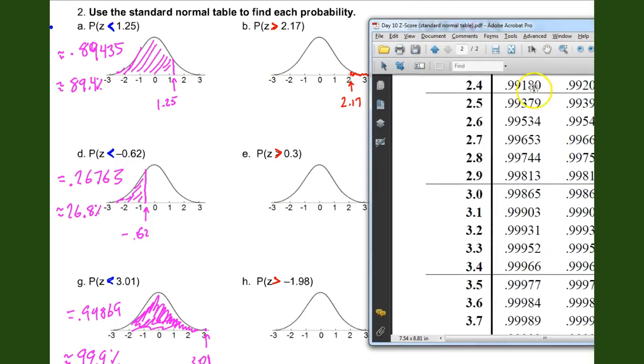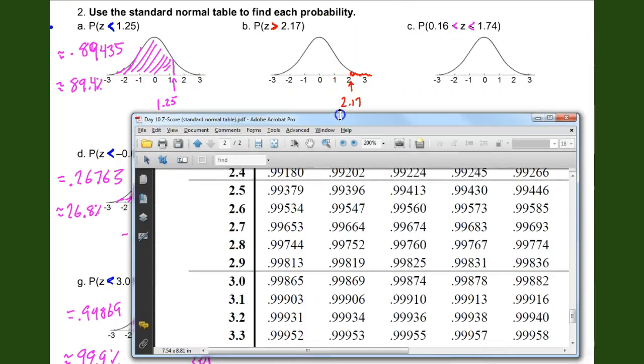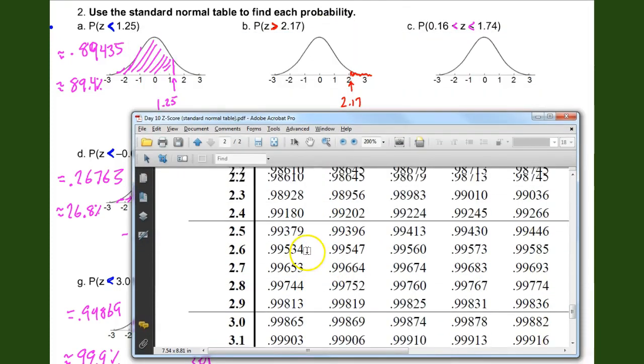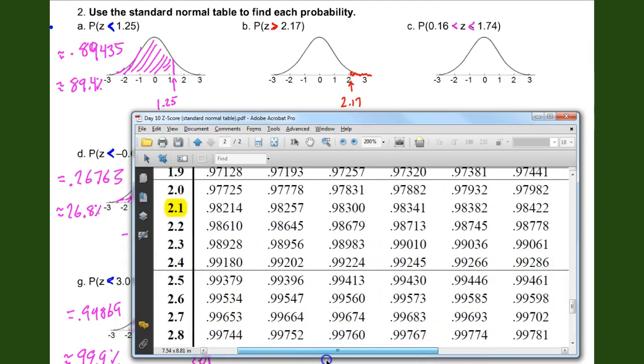Okay, let's see here, 2.1. There we go. And then to get to the 0.07, that'd be 0, 1, 2, 3, 4, 5.